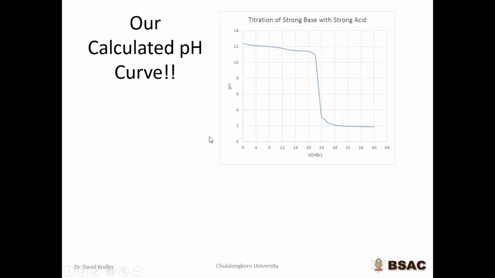Here we are with our finished product. Here's the titration curve, the curve of pH as a function of volume of the titrant added. If you understand this entire curve, good for you. A couple things I want to point out. You can see just how rapidly pH is changing around the equivalence volume.